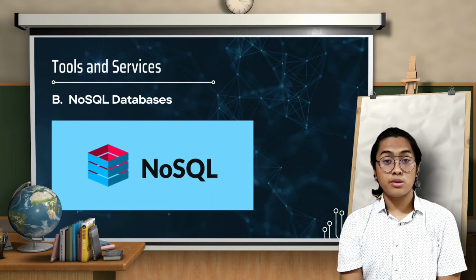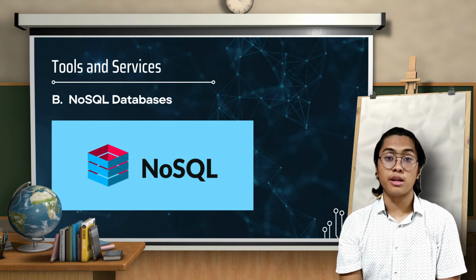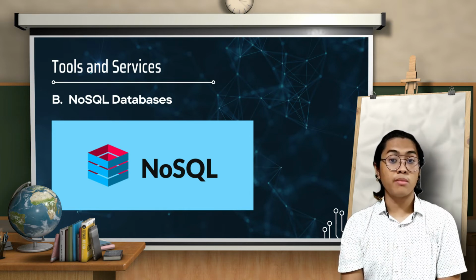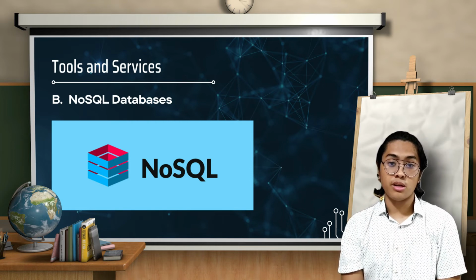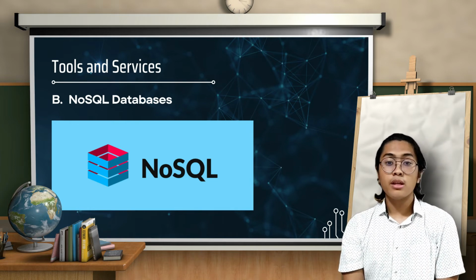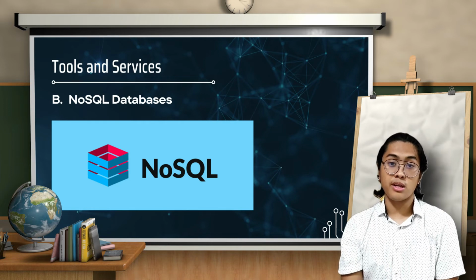Next, NoSQL databases, also known as non-relational or non-tabular databases, use a range of data models to access and manage data. Unlike traditional relational databases that sort all data into tables and rely on structured query language syntax or SQL, NoSQL databases use different methods to store data.